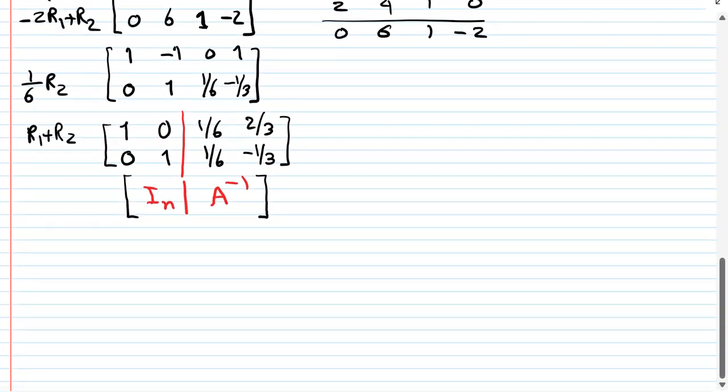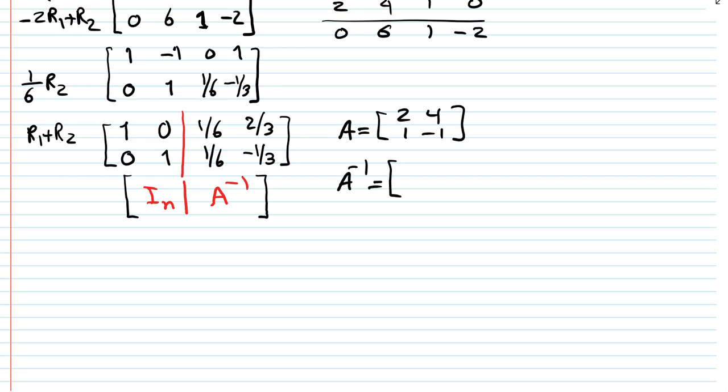You see how that works? Therefore, I can say if A is 2, 4, 1, -1, its inverse turned out to be 1/6, 2/3, 1/6, and -1/3.